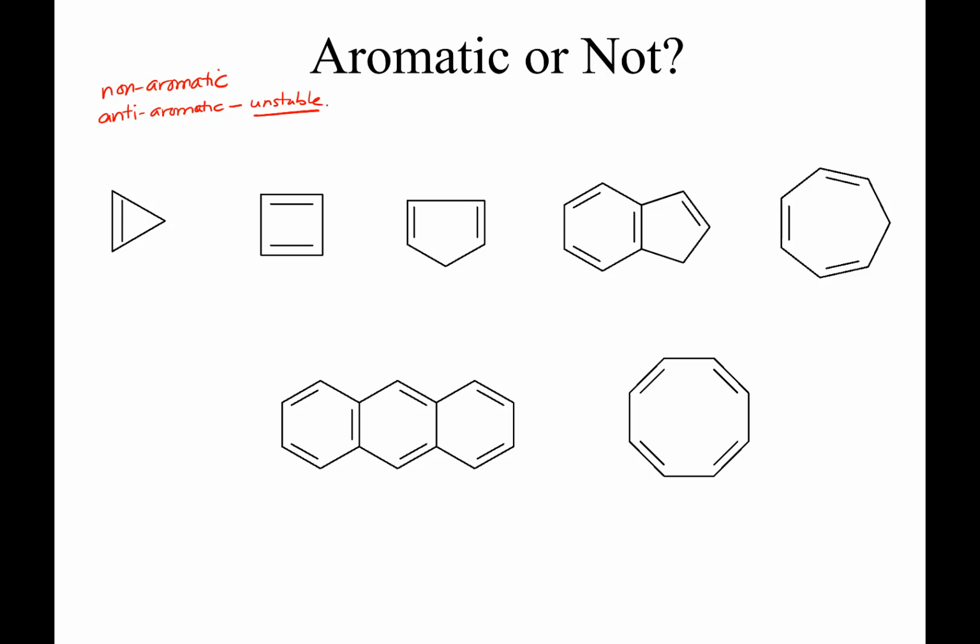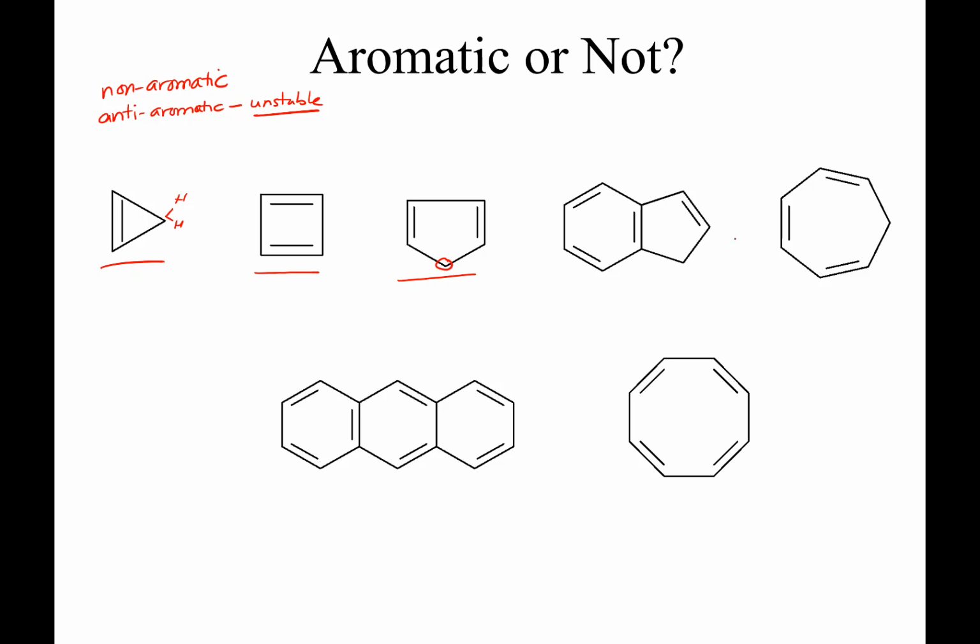So let's start looking at these molecules. We look at this one. Our first rule is, are all of the ring atoms sp2? In this case, are they? No, because this one is sp3. This one, all ring atoms sp2? Yes. This one? No, because that's not.